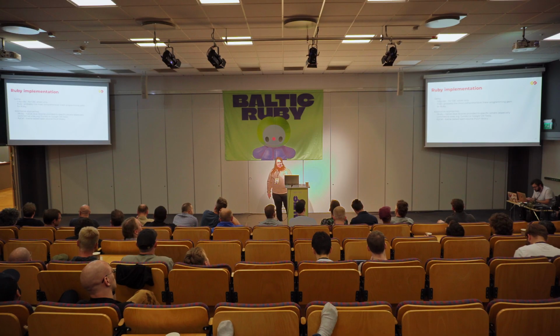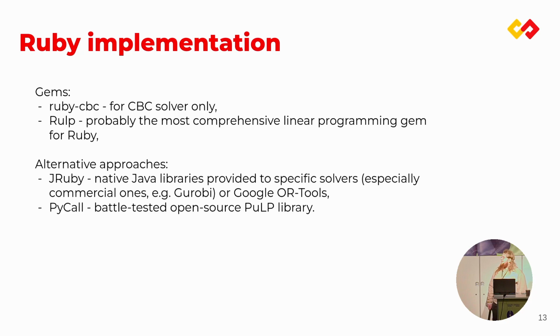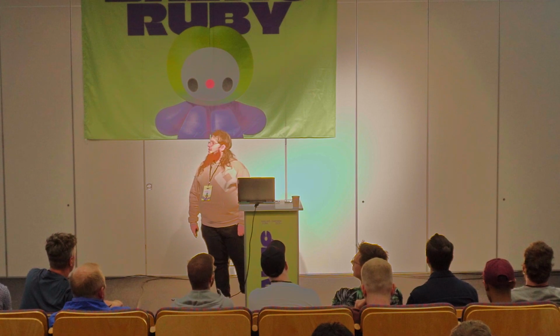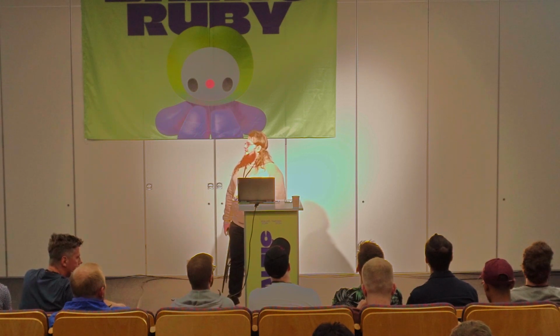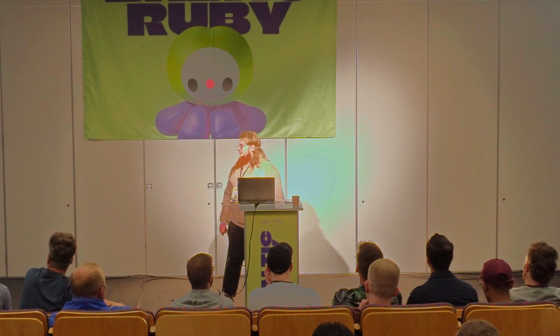You can also use some heretic approaches, for example JRuby or PyCall to integrate with commercial libraries or libraries like Python's PuLP that are widely used in scientific work, but we'll focus on the Ruby native approach. So let's go with RULP, as in our case it does not really matter, since we have quite easy problems to solve.